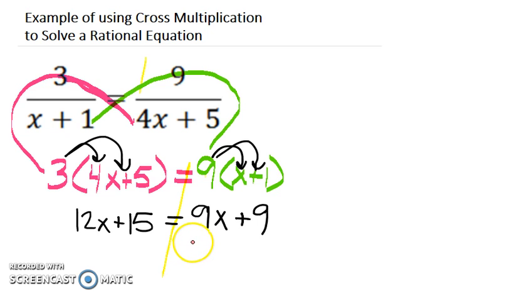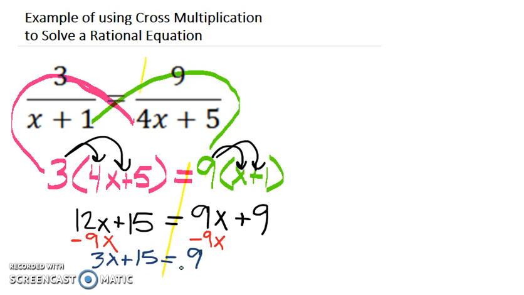So 9x is smaller than 12x, so I would subtract 9x from each side of the equal sign. And that's what that yellow bar there is for. When I say left and right, I'm referring to the left and right of the equal sign. So 12x minus 9x is 3x. I still have the plus 15 equals, and on the right side, I'm left with 9.